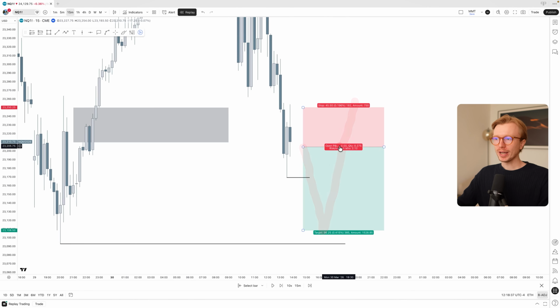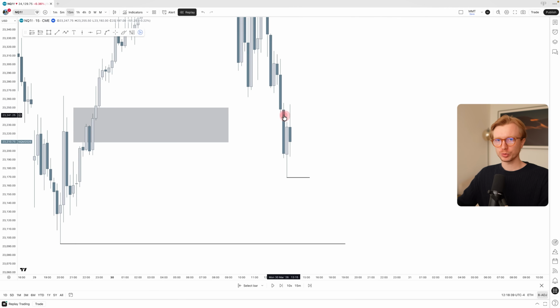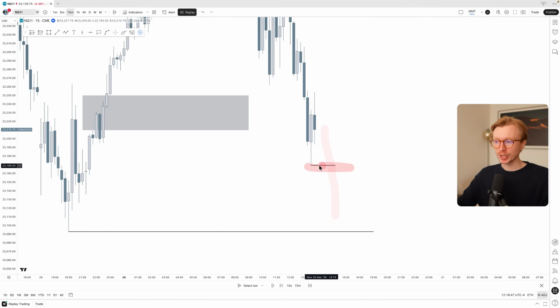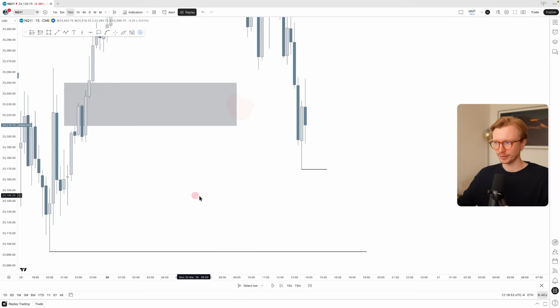That's it. If I can understand we are not going to retrace anymore, then the only likely thing we are going to do is just drop off, right? So I like to mark out the rejection from that fair value gap on the 50-minute time frame to see if we are still respecting it or disrespecting it.